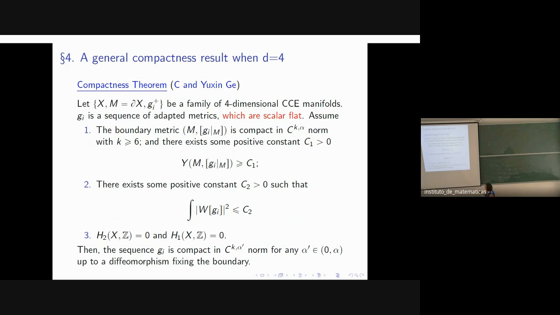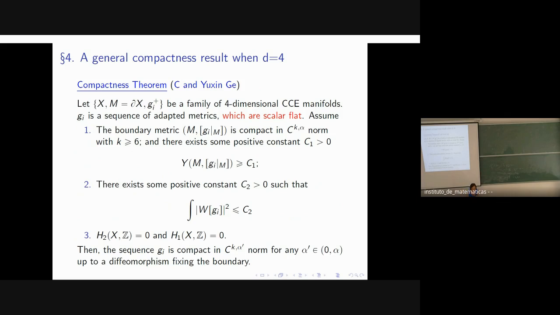And then in this case, we need to add an assumption, that the Weyl L2 norm is bounded. Given control of these two conformal classes, we want to say the sequence of g_i is compact in C^{k,alpha}.